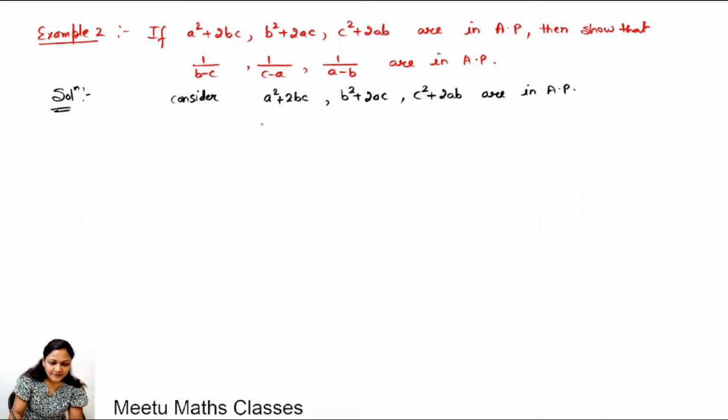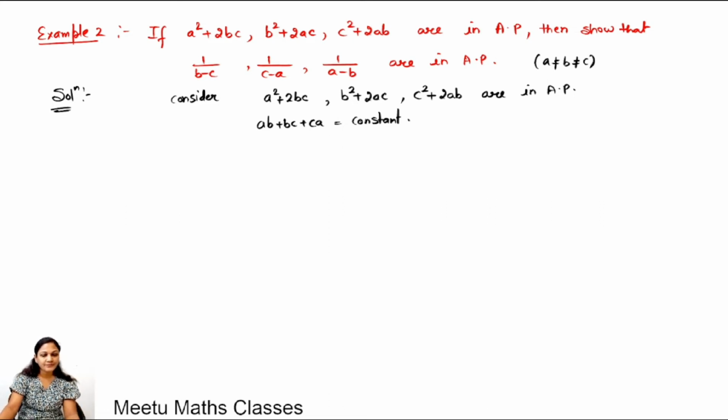Now we know that AB plus BC plus CA is a constant. Here we are given that A is not equal to B is not equal to C. So this is a constant, so we can subtract it from each term of the AP.